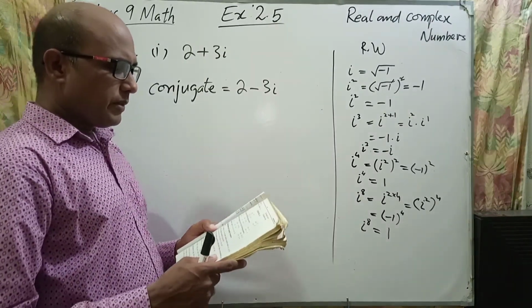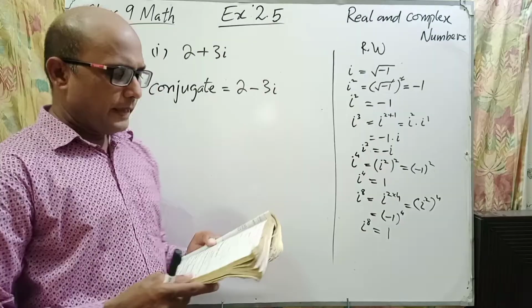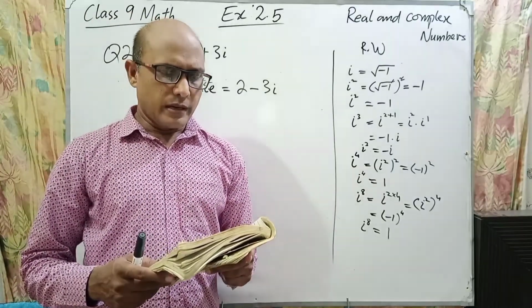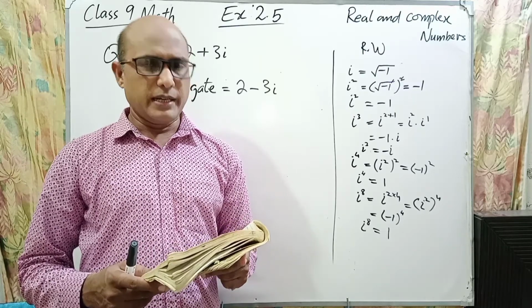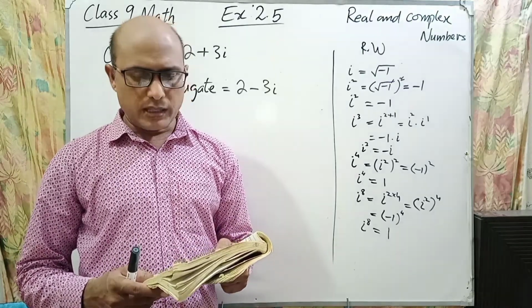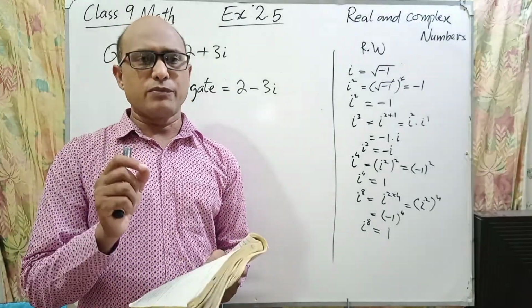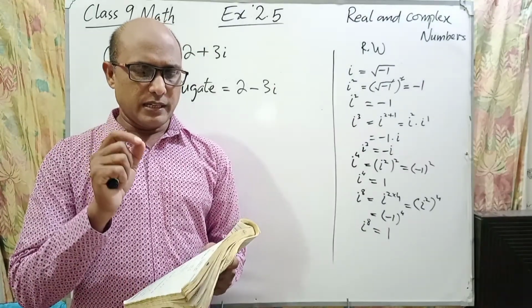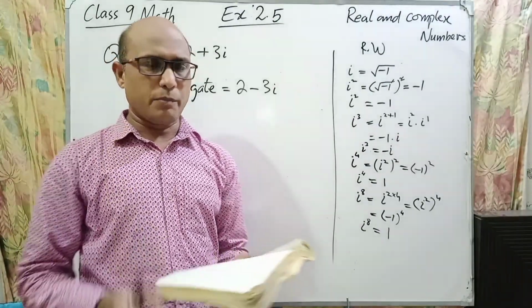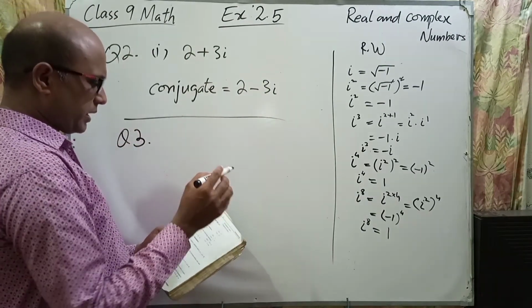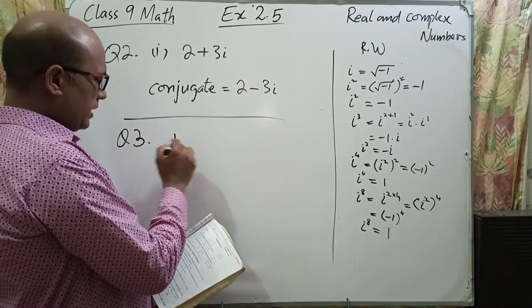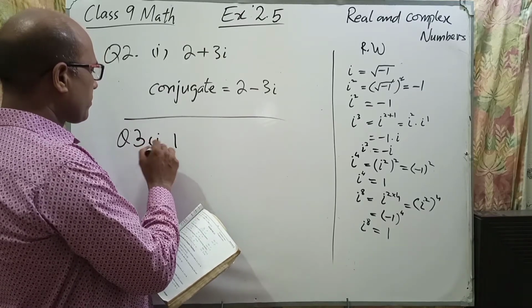Question number 3, students, it is written, I will read for you. Write the real and imaginary part of the following numbers. It is very easy. In all the parts, you just have to write the real and imaginary parts. Let me show you how to do this. In question number 3, suppose first part.